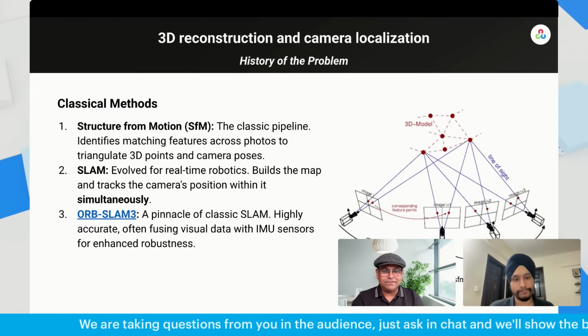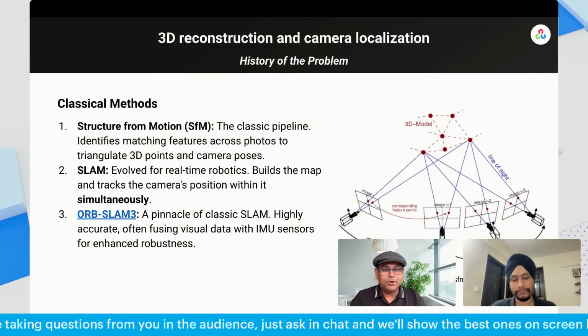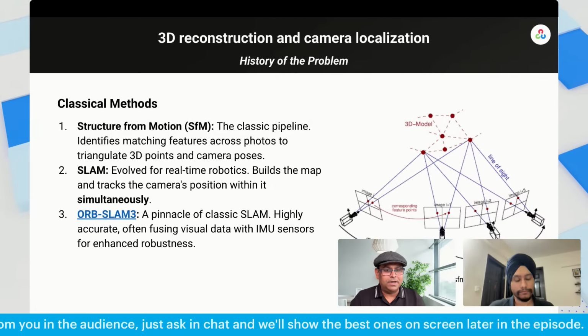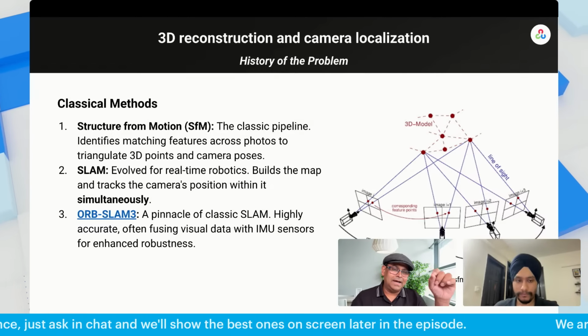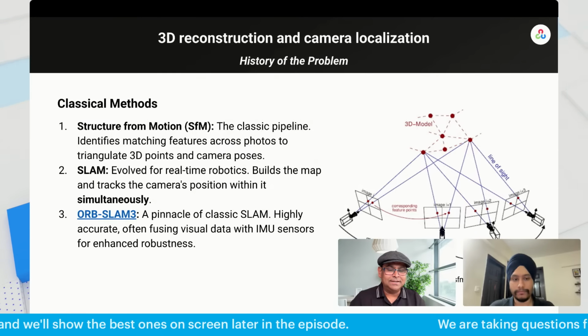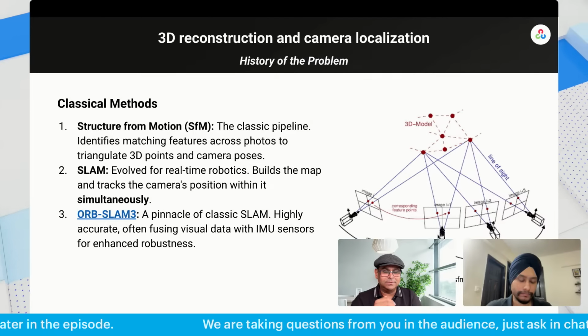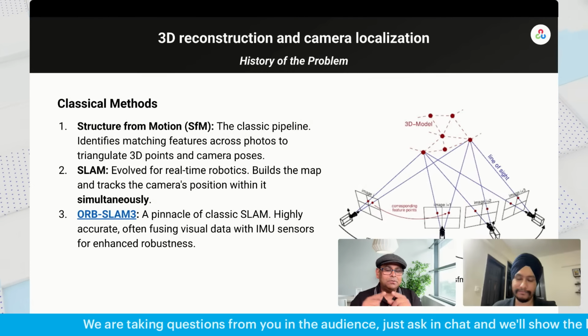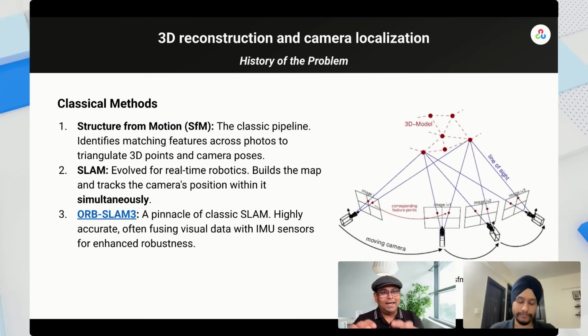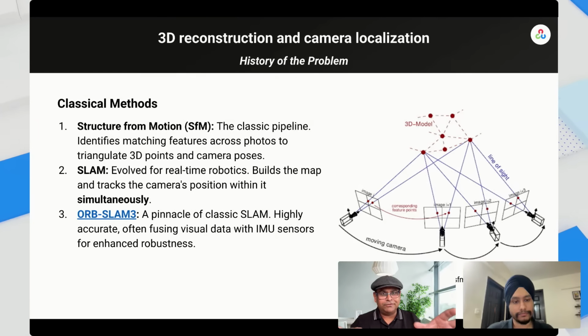Just like you have seen, if this point is visible at this location in the first camera, and in the other camera you're seeing the same point at a different location, you can use triangulation, simple geometry, to say what its location is in 3D. And you do this for all the feature points.